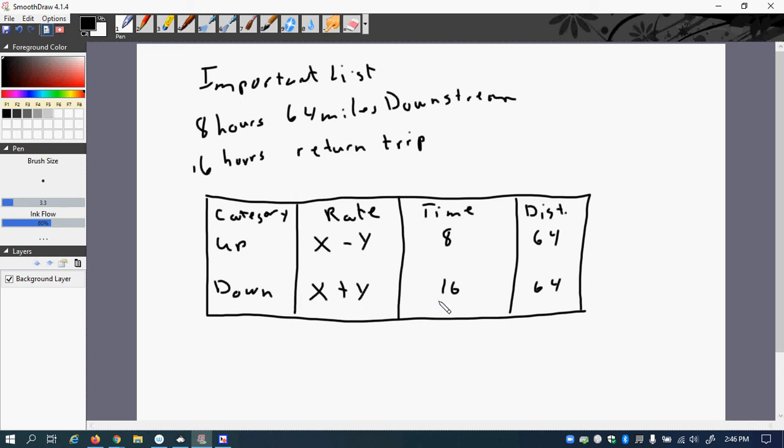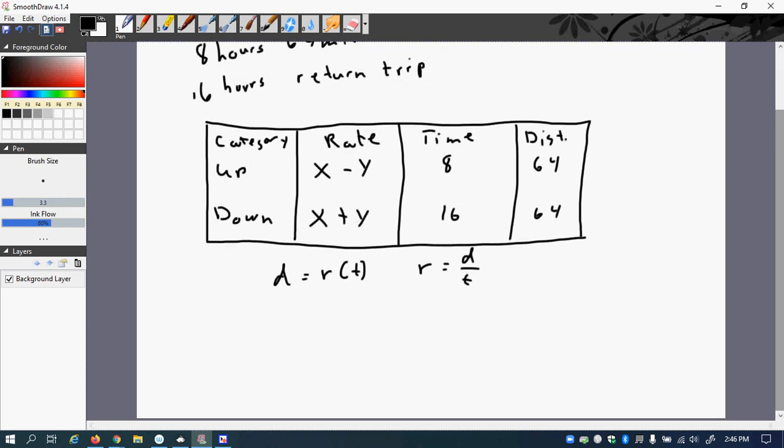Alright, so now I can set up my equation. Just remember the distance is equal to the rate multiplied by the time, so the rate is equal to distance divided by time. For my first equation, it's going to be x minus y equal to 64 divided by 8.